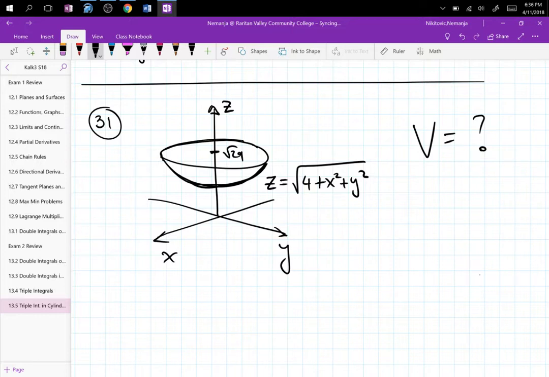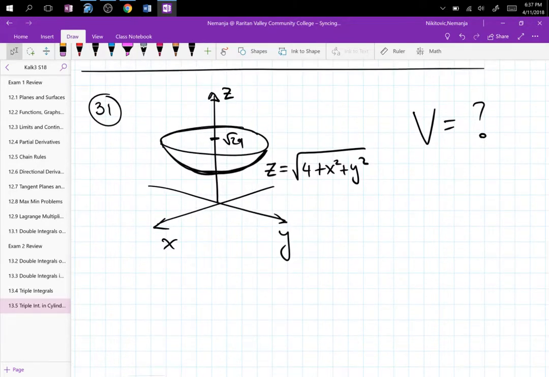When you take the square root on this side, it becomes z squared. Oh, no, it's not, because it would be minus z squared. So you would have x squared plus y squared minus z squared equals -4. So no, it's not a sphere. All right, so what do we do here? Well, we set up our integral.